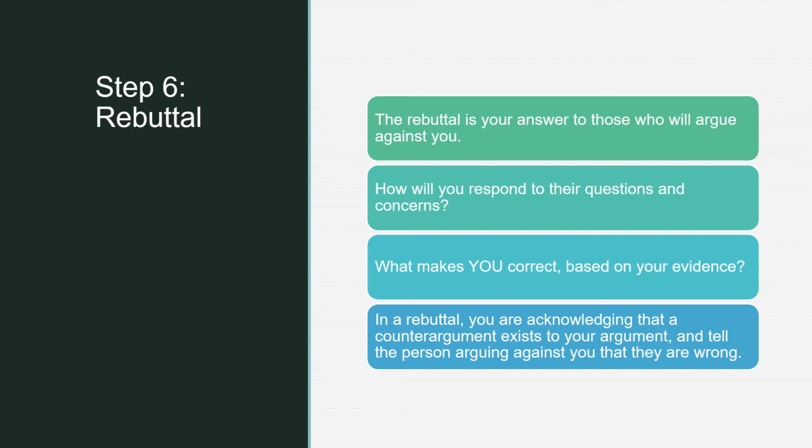In a rebuttal, you're acknowledging that a counter-argument exists to your argument, and then you tell the person arguing against you that they're wrong. So a rebuttal is both an acknowledgement of the other side and telling them with your own evidence why your position is the correct one.